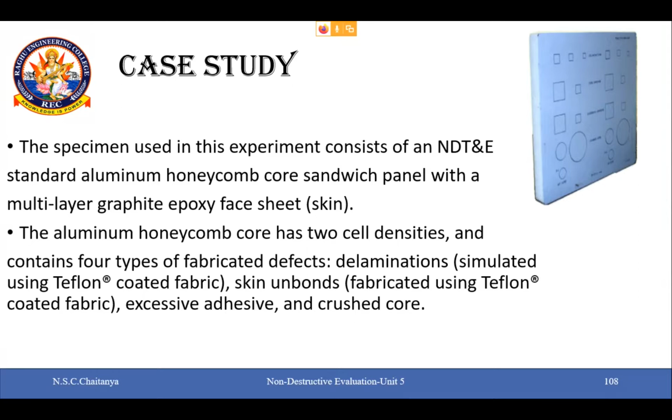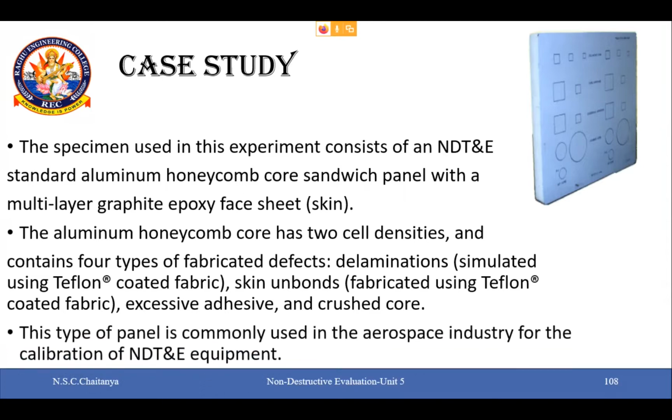First one is delaminations, second one is skin unbonds, third one is excessive adhesive, and fourth one is crushed core. So what we need to do is identify these defects using our testing methods. This type of panel is commonly used in the aerospace industry for the calibration of NDT and E equipment.